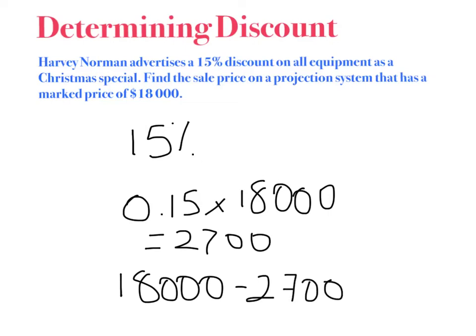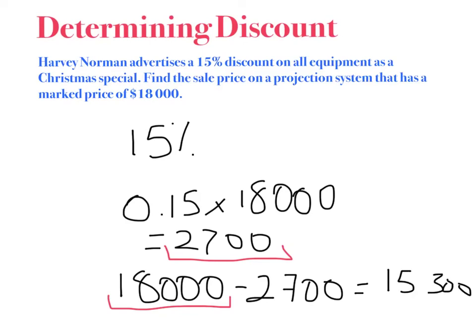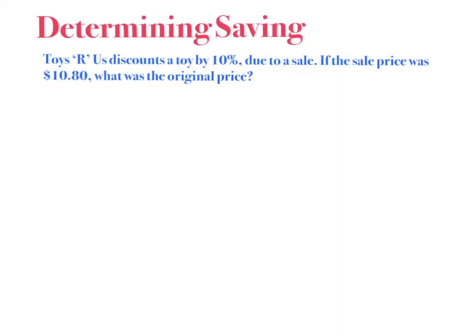That's my discount, that's my 15%, and I am subtracting it from 100% of my original selling price, and that would give me an answer like I got before of 15,300. So you can either do it in 2 steps or 1 step, guys, whatever makes sense for you guys.